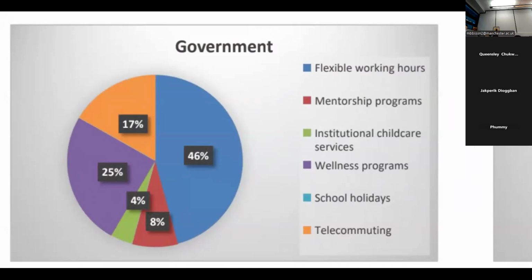These are the respondents. Then we have flexible working hours, which is prioritized by the respondents in government institutions. Yes, we have about 46% of them. If we check through academia, we have 47%, which is taking the larger part.